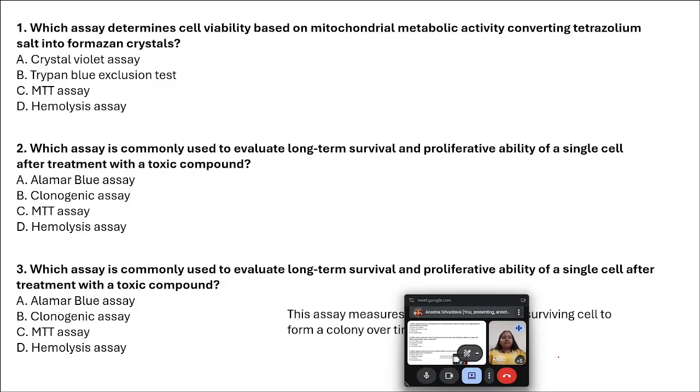These are simple, you can answer them straight away, right?